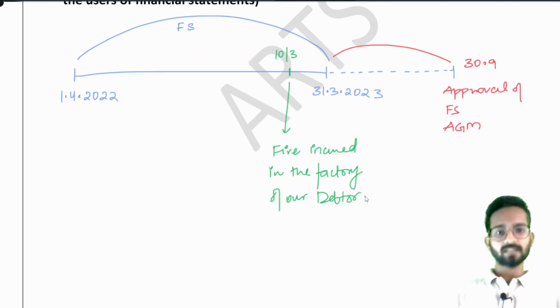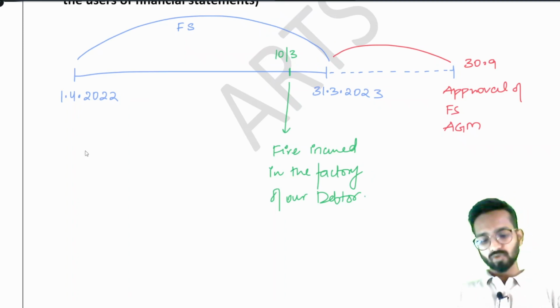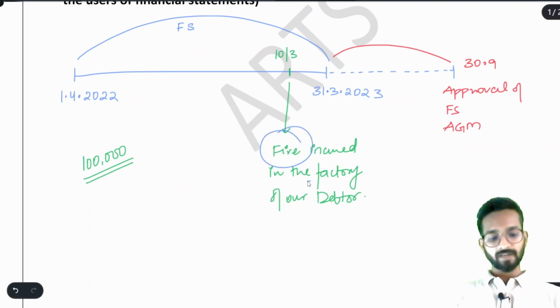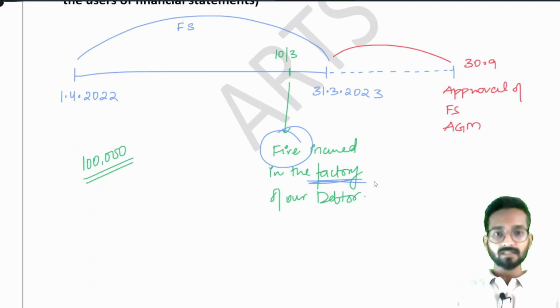You can understand this like this. Suppose we sold goods on credit, say 1 lakh rupees, and that debtor told us, I will pay you after 2 months, in April, May, June, whenever. Now what happened on 10th March? On 10th March, there was a fire incident in our debtor's factory. This is the situation.